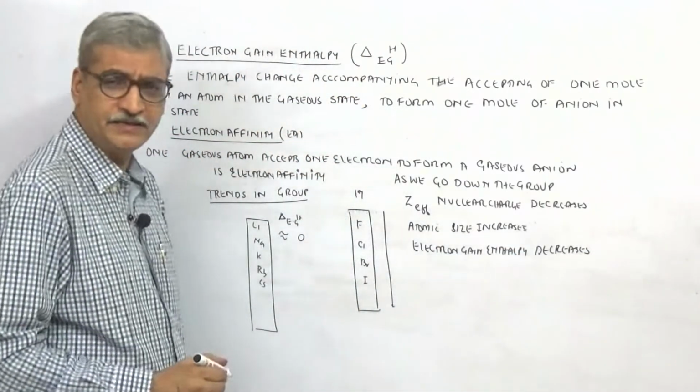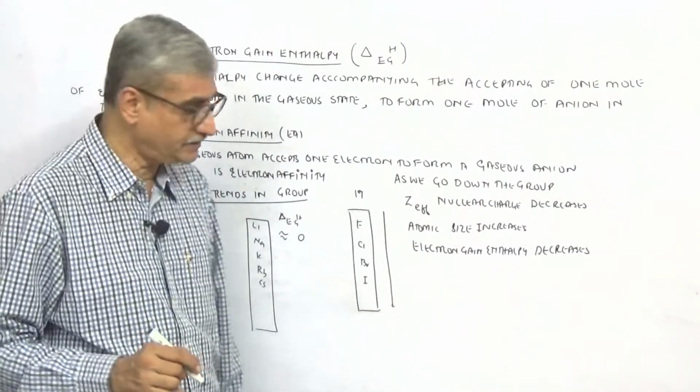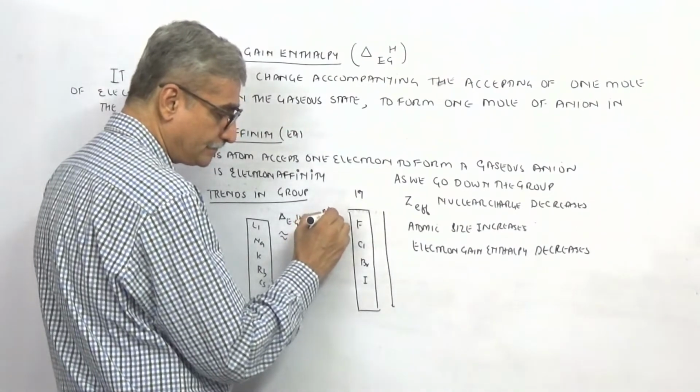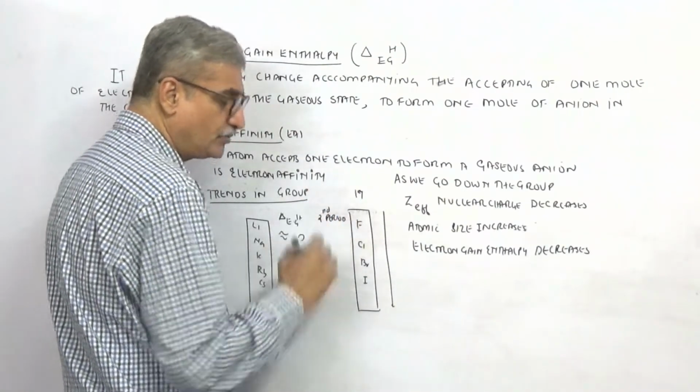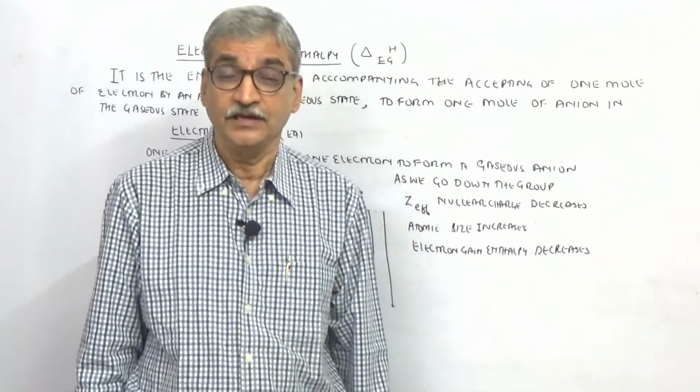Electron gain enthalpy decreases. So this might make you think that fluorine, which belongs to the second period, should have the maximum electron gain enthalpy. In fact, that also is a problem.